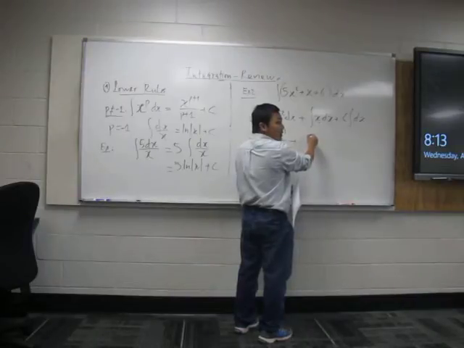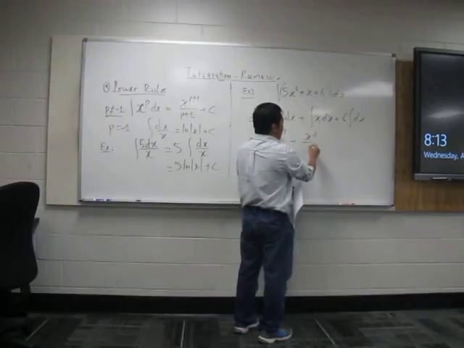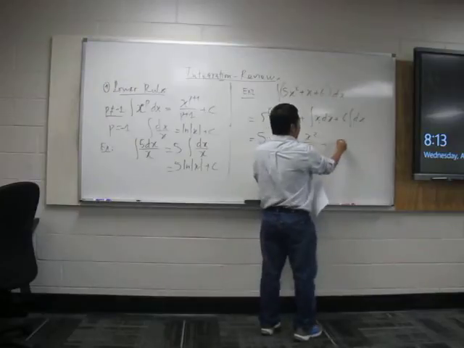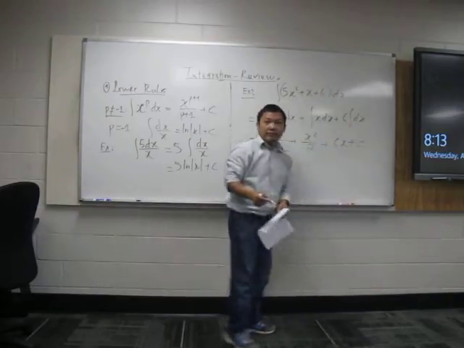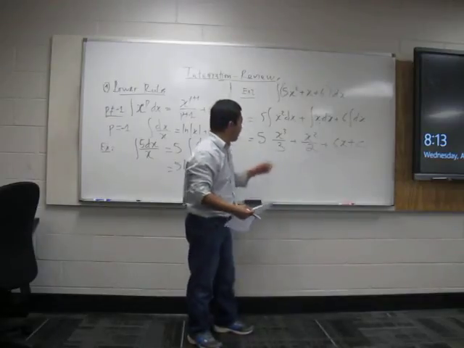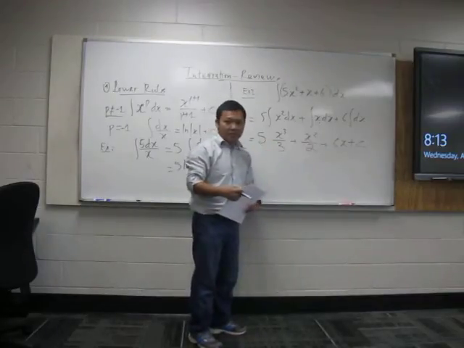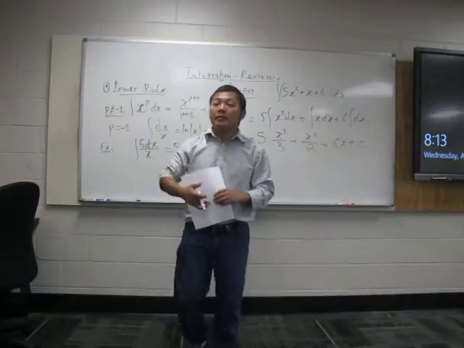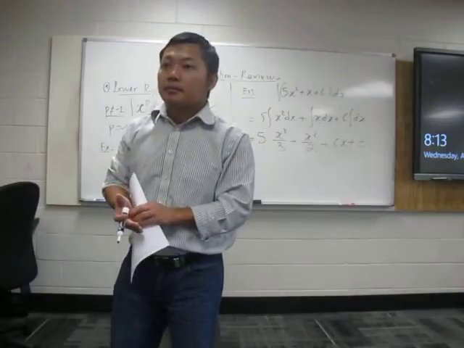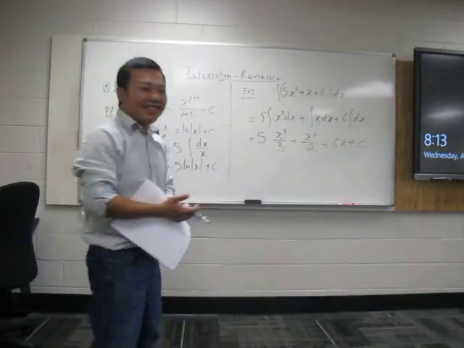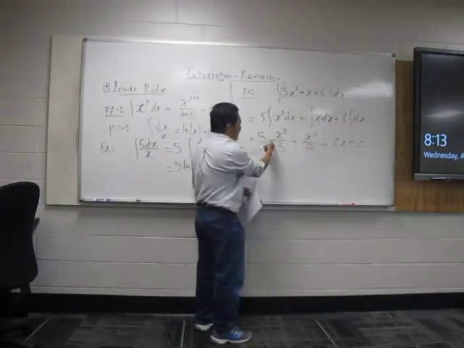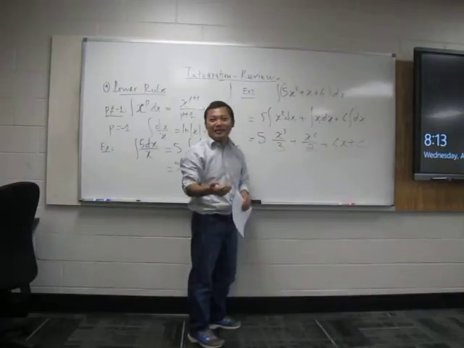So you have x squared over 2, and then 6x, and then don't forget c. Done, right? You can simplify. It's the same thing as 5 over 3 times x cubed, or 5 times x cubed over 3, right?